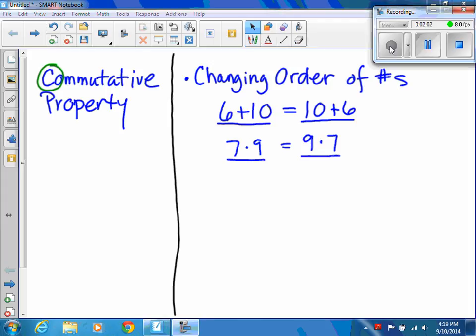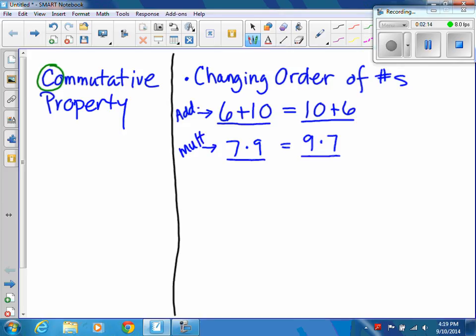Keep in mind that we have 2 commutative properties. This property here is addition, and this property here is multiplication. So again, we have commutative property of addition, and we have commutative property of multiplication.